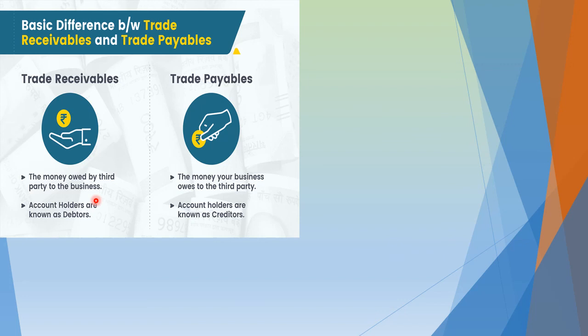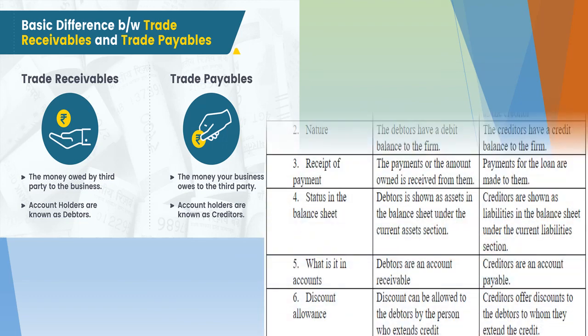So money that the other person has to give to you. The account holders are known as debtors. And in trade payables, you have to give money to the third party, to others. So the account holders here are the creditors. So in trade payables, you pay money to the creditors, and in trade receivables, you receive money from the debtors.